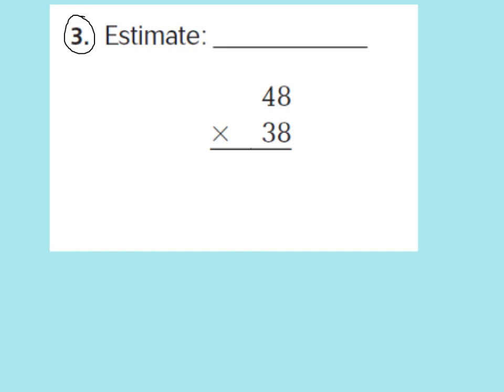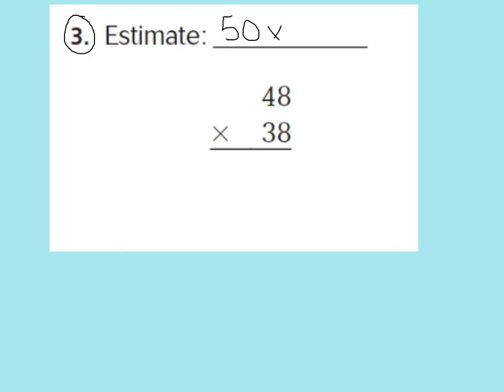Now, number 3 says 48 times 38, but first they want us to estimate. So we know that if we're going to estimate, we're going to round both factors. Well, 48 rounds to 50, and 38 rounds to 40.